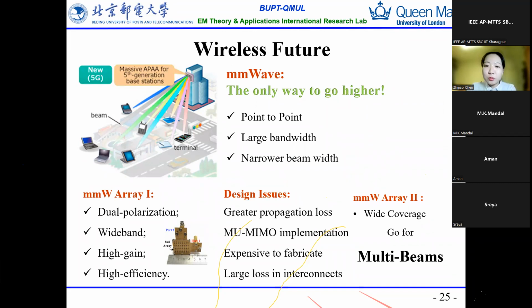So they will switch very quickly, and they have the hard switch or the soft switch, and during the switch this mobile is still connected to the base station. The multi-beam or switched beam method is also a very common method for the base station.